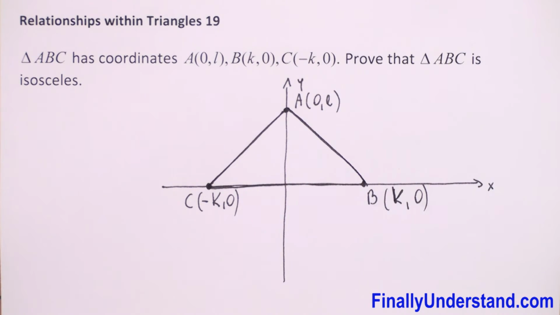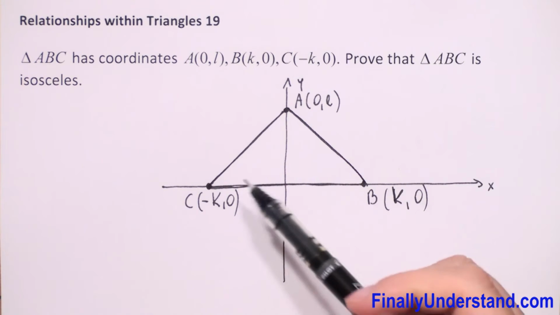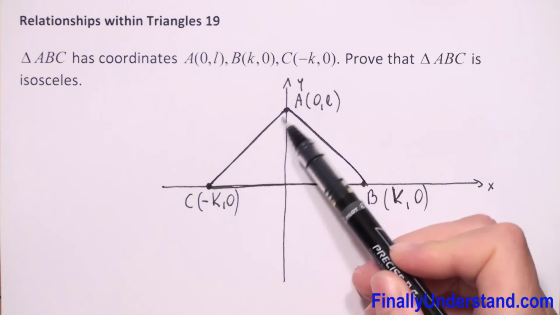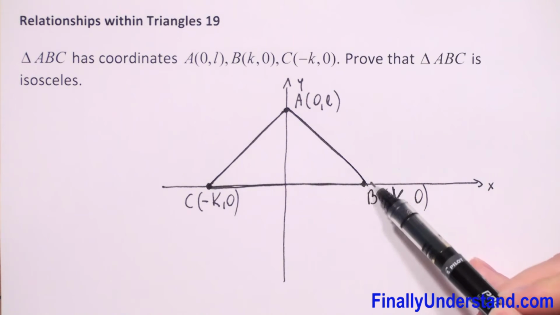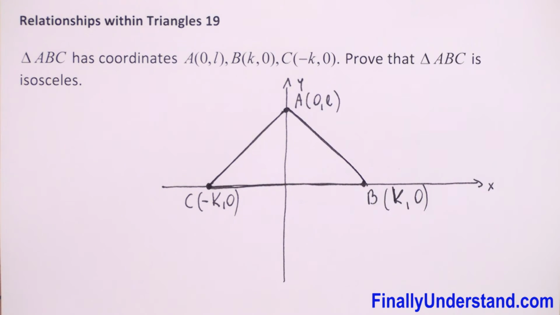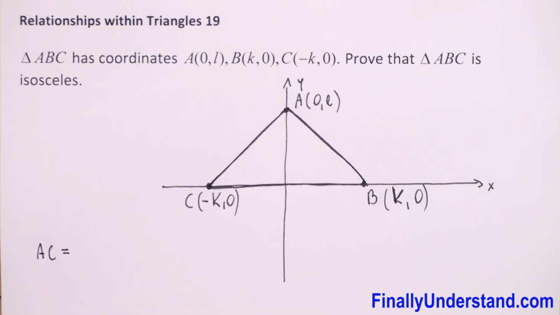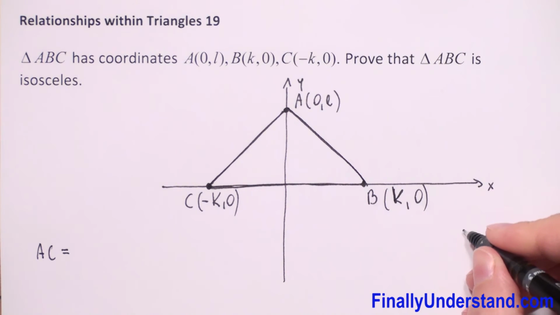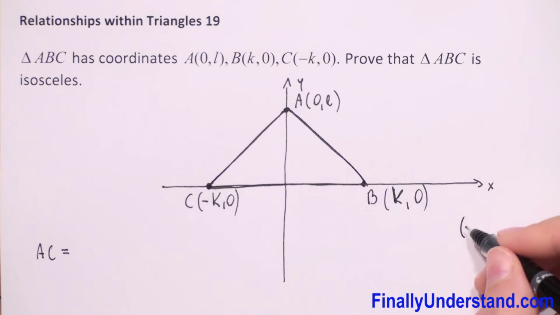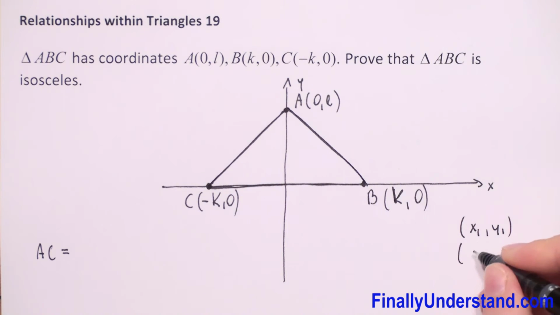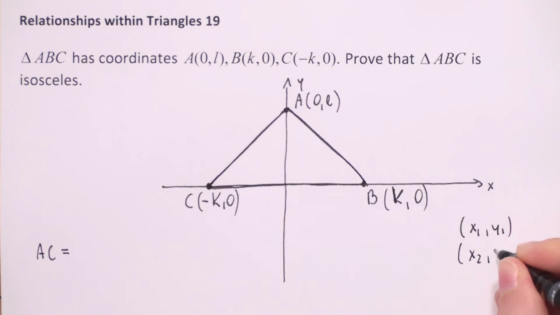So we have to find the distance between these 2 points, AC and AB. So let's find first AC. Let me remind you the formula when you have 2 points. First point is (x1, y1) and second point has coordinates (x2, y2).